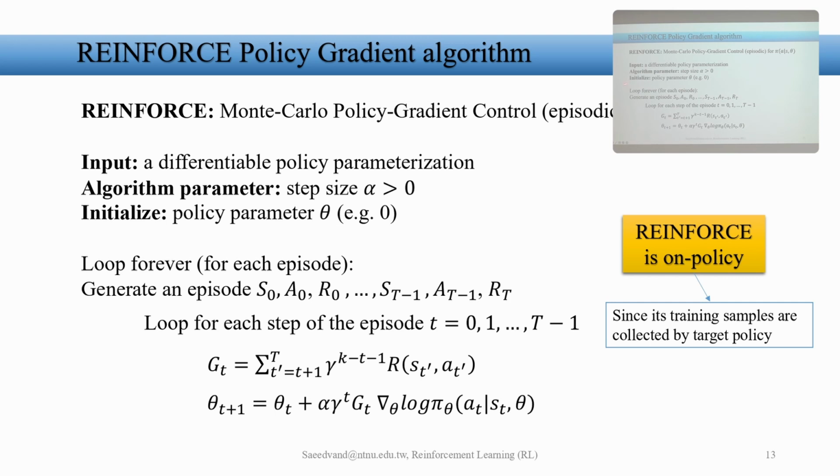For each episode, and for each step in the episode, we update the theta parameter. We update the weights of our network. And where does that come from? It comes from the calculation of the return, the sum of the discounted rewards, based on the trajectory that you generated. If the trajectory is good, we get a good return.